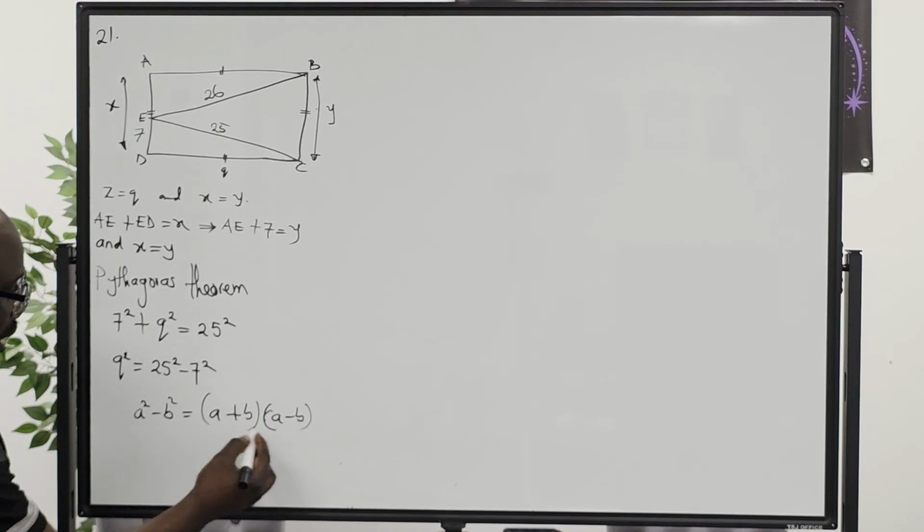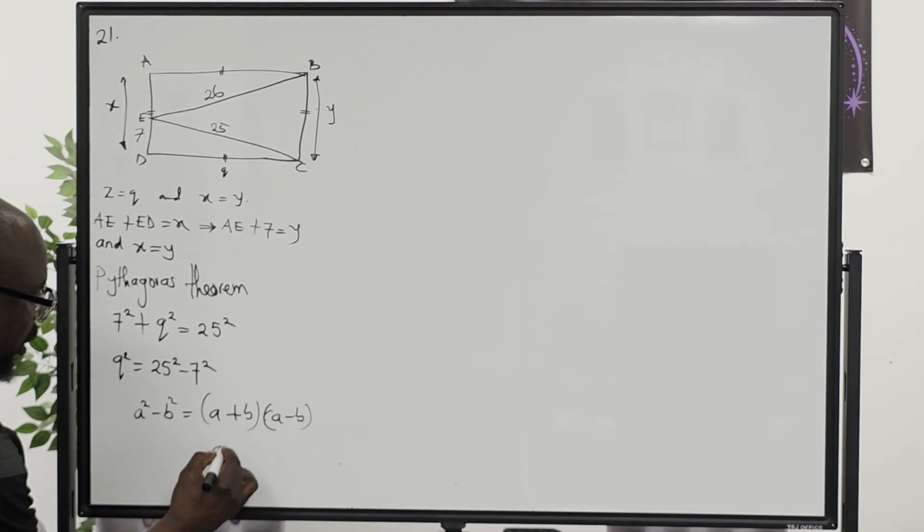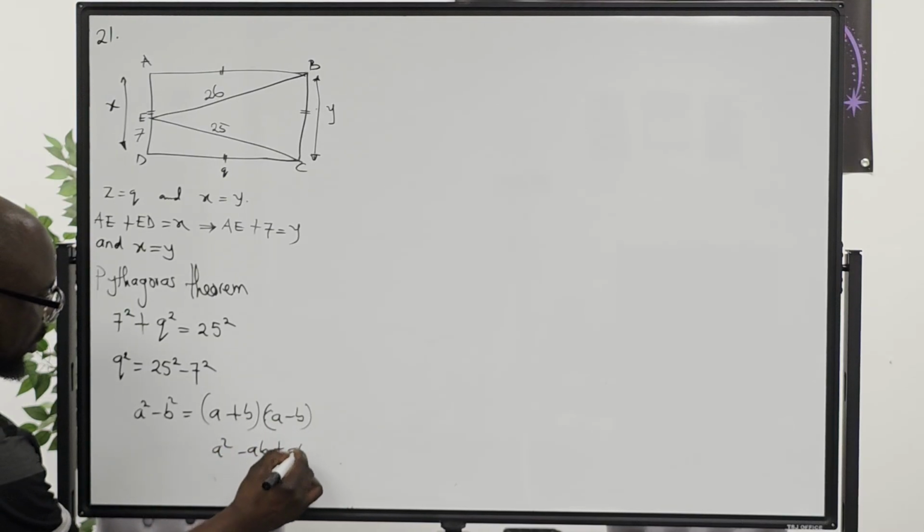Because if you expand this bracket, it's going to be a times a is a squared, a times minus b is minus ab, b times a is plus ab, and b times minus b is minus b squared, right? So these cancel out, and you end up with a squared minus b squared.